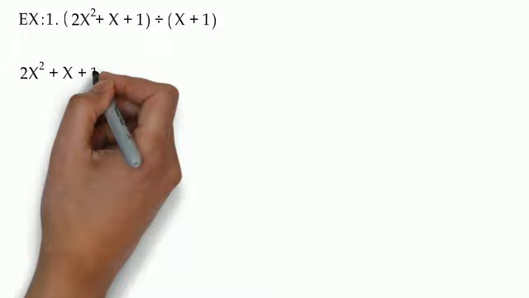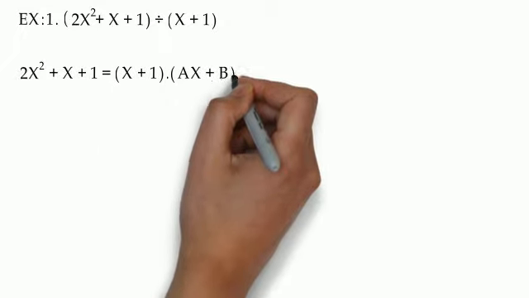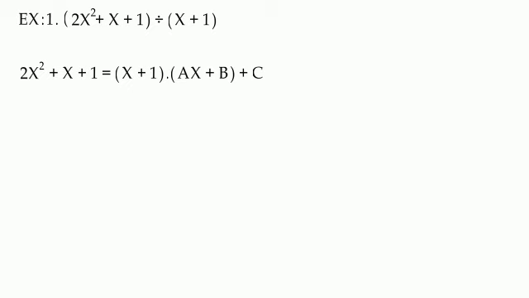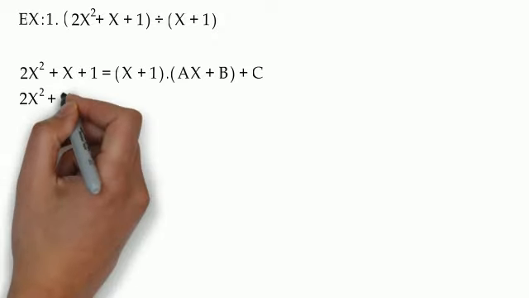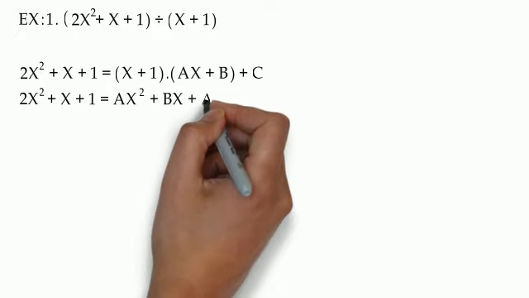We can write this as 2x squared plus x plus 1 equals x plus 1 times ax plus b plus c. Here the quotient is ax plus b such that degrees of quotient and divisor is equal to dividend, and remainder is c, where degree of remainder is less than the degree of the divisor.